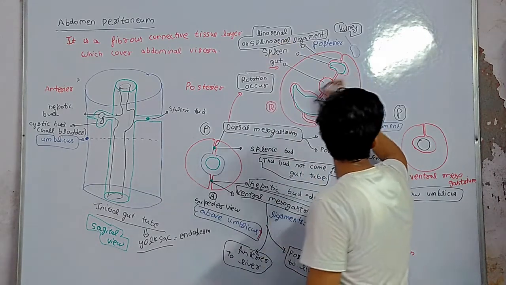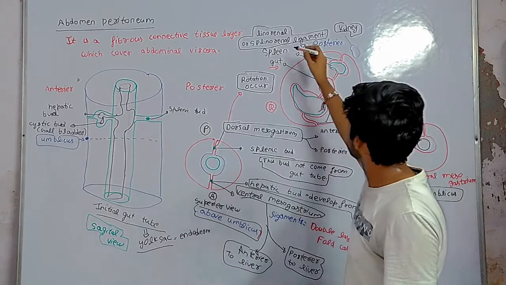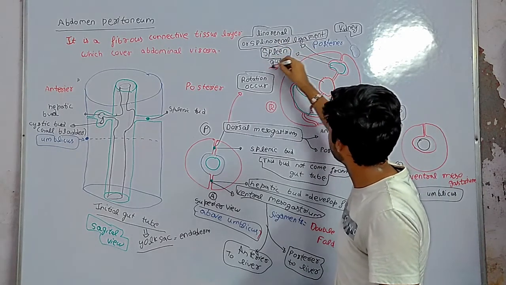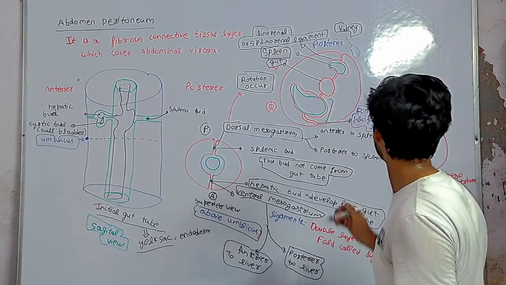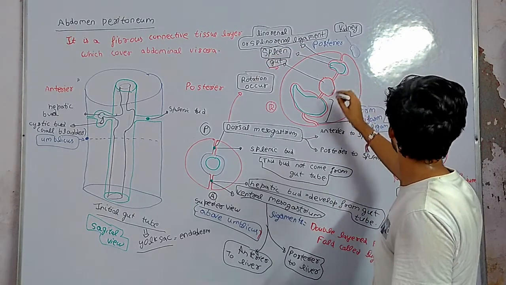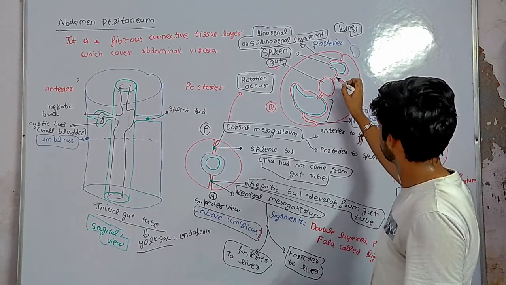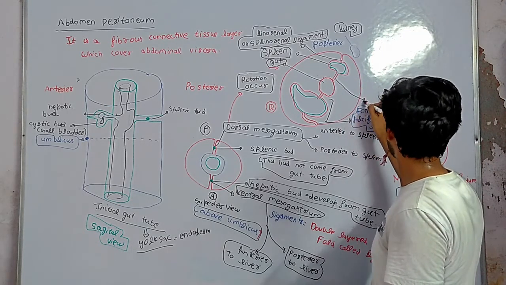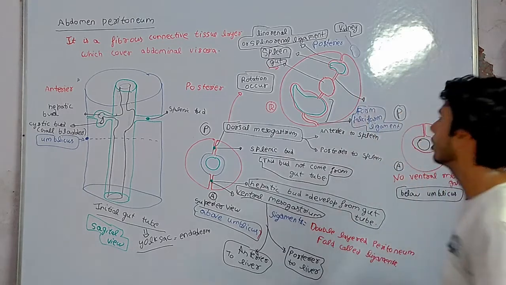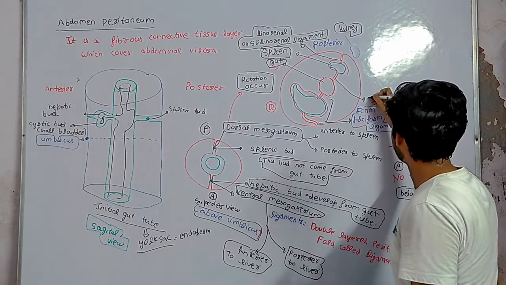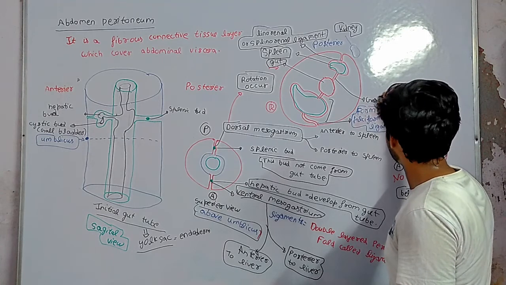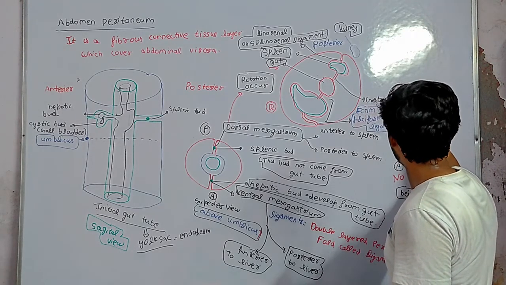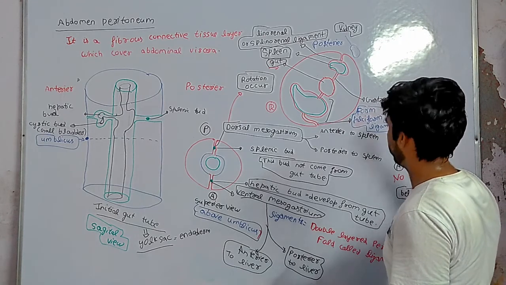This is the spleen and this is the gut. This anterior part of the dorsal mesogastrium forms the gastrosplenic ligament.